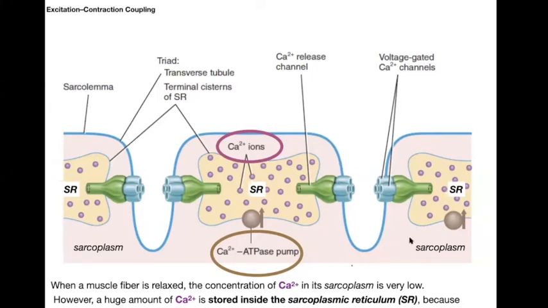There's very little calcium. And that's because you have these calcium ATPase pumps. That is, they're pumping calcium against its concentration gradient into the sarcoplasmic reticulum, keeping sarcoplasmic levels, where the sarcomeres are, low, right? Calcium levels low in there.